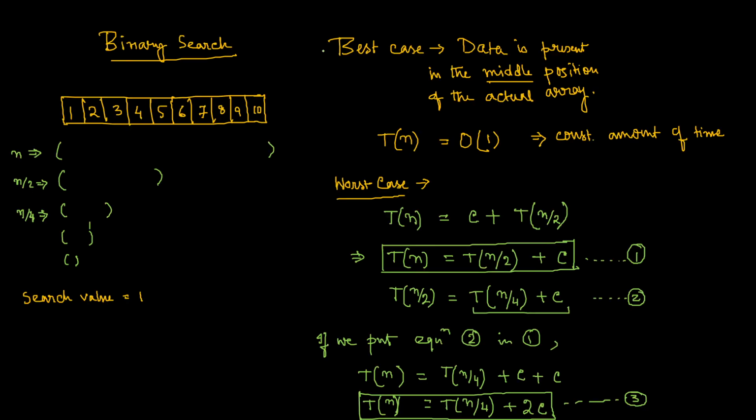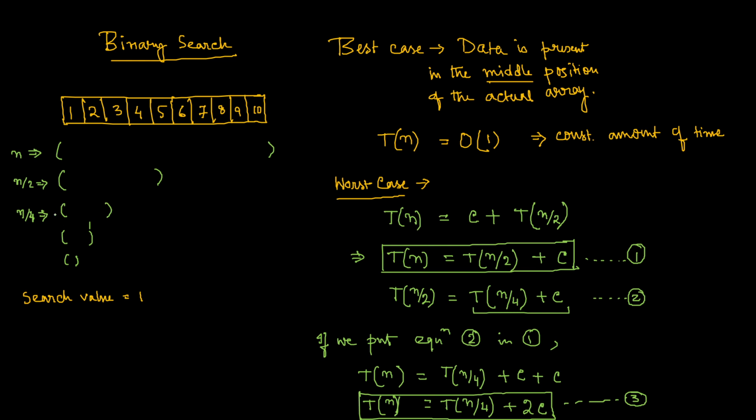If we consider T of n by 4, since the algorithm remains the same, only instead of n I have n by 4, it will become T of n by 8 naturally. I hope you can understand. And a constant amount of value for finding the middle location. So assume that now this is your input array.